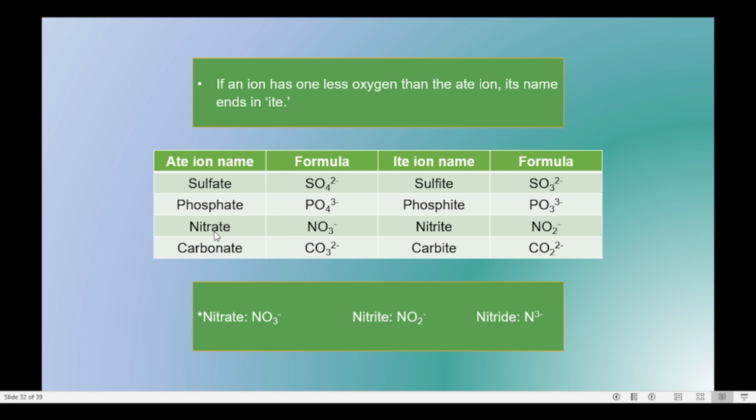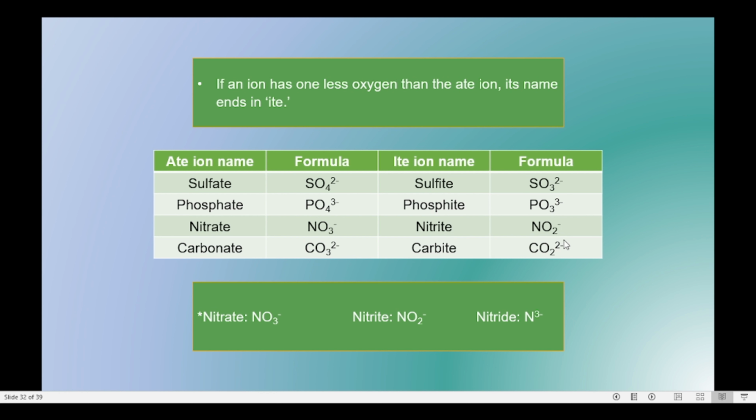Now NO2 minus. Now carbonate is the next ate ion name. What is the formula? CO3 2 minus. If one oxygen is removed, ate gets exchanged with ite, so it becomes carbonite, CO2 2 minus. As you can see, oxygen becomes less.